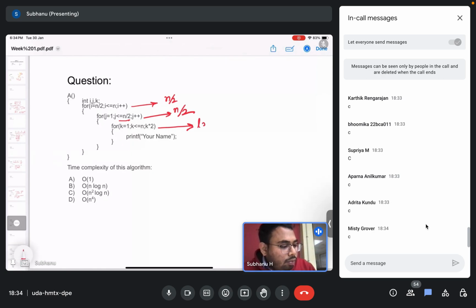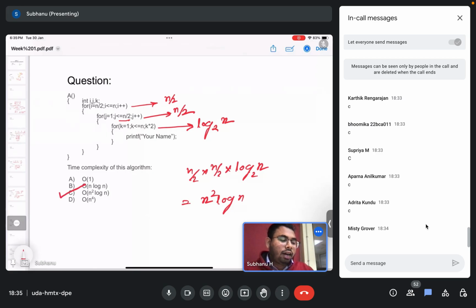So from the last example also you can see that it is log n base 2. Okay, so combining this you get n by 2 into n by 2 into log n base 2, that is n square log n. So this will be the correct answer.